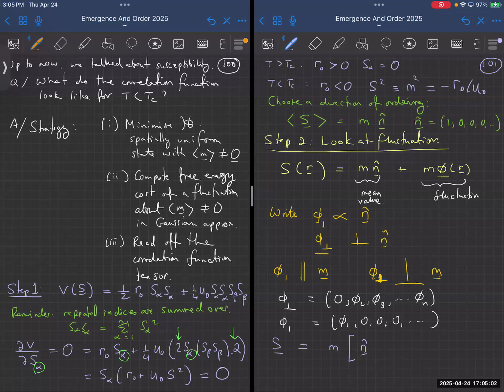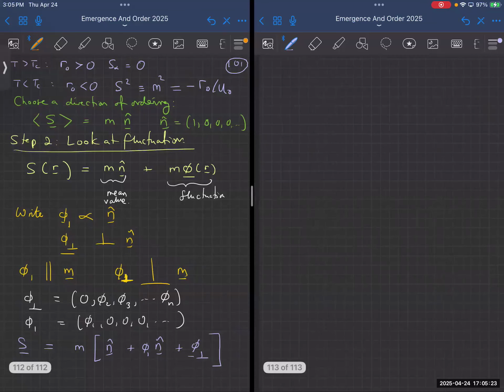That's the first term, the mean value. Then there's a term phi 1, which is also in the direction of ordering. And then there's the term phi perpendicular, which is orthogonal to the vector n. So that's how I'm going to write S. Nothing special there.